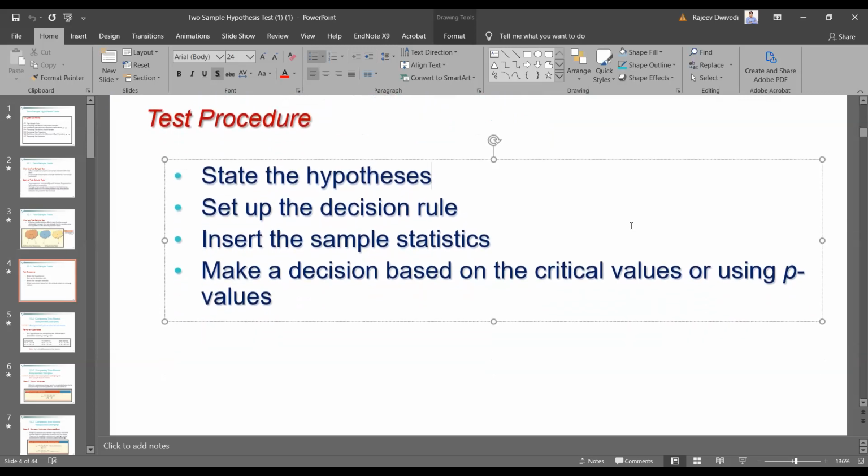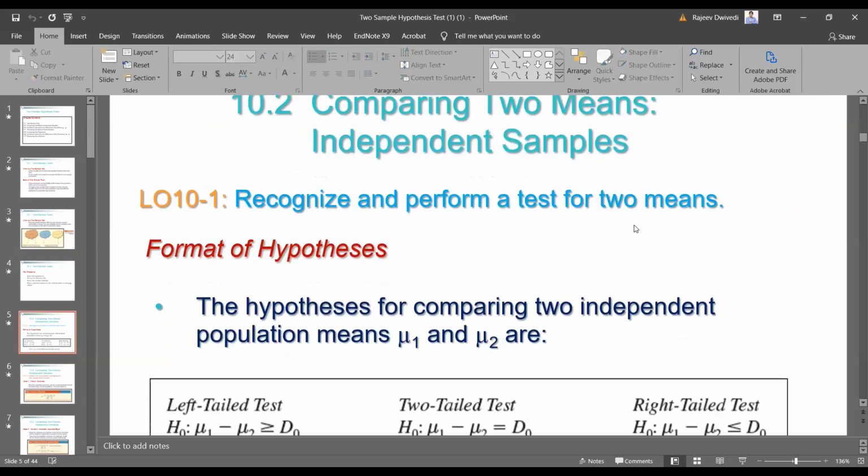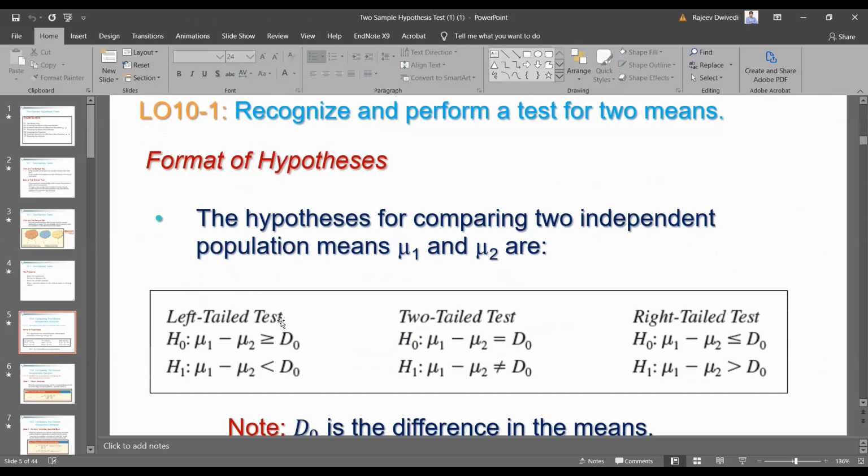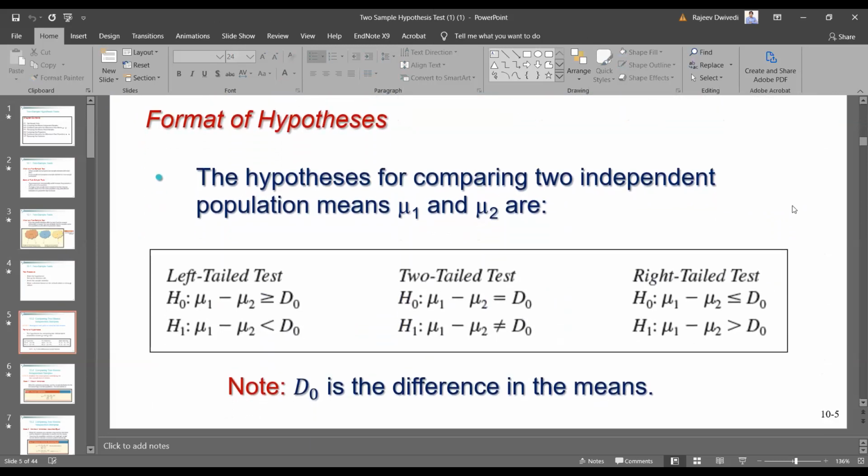So there are left tail test, two tail test, right tail test, like I just explained. D0 is the difference in the means. So the difference is 0, or the difference is not 0. Mu1 minus mu2 equal to 0 means no difference.